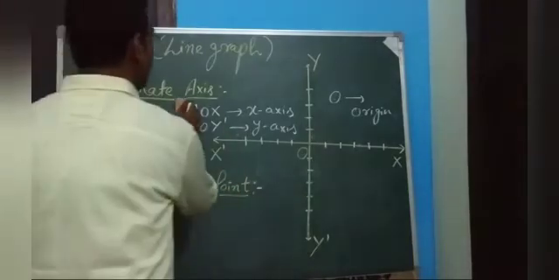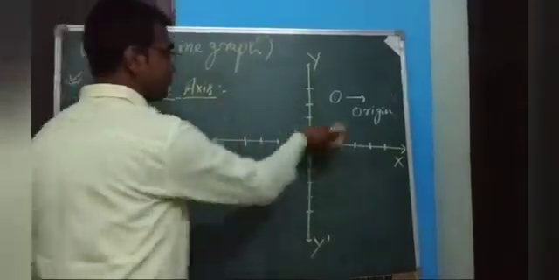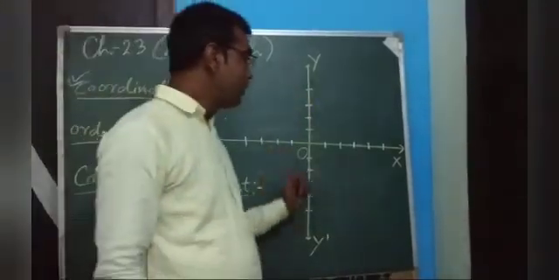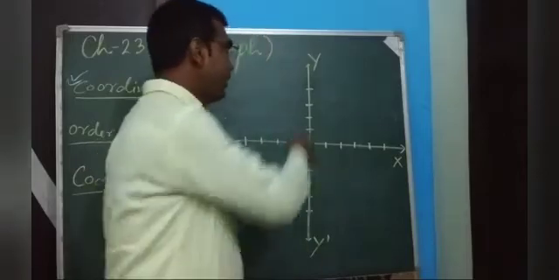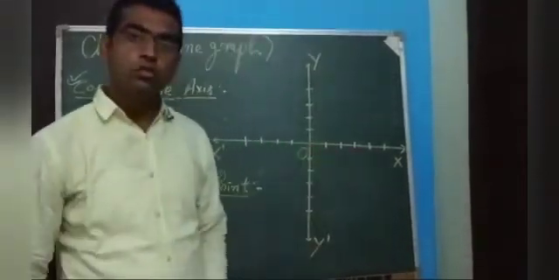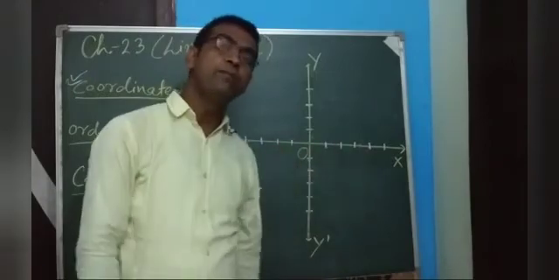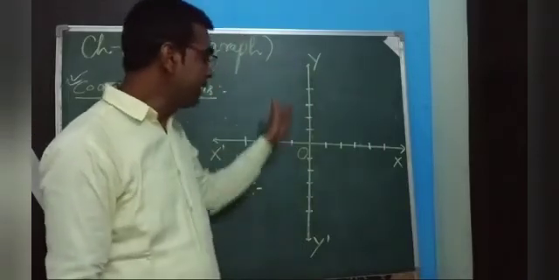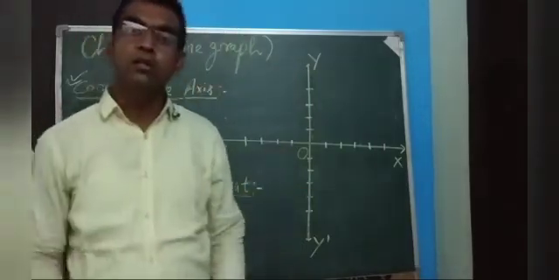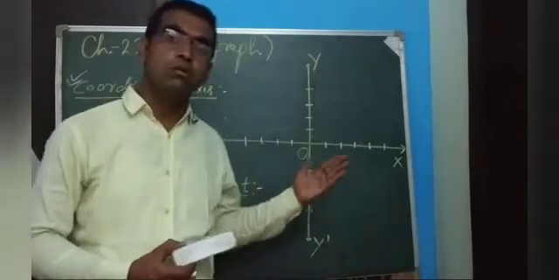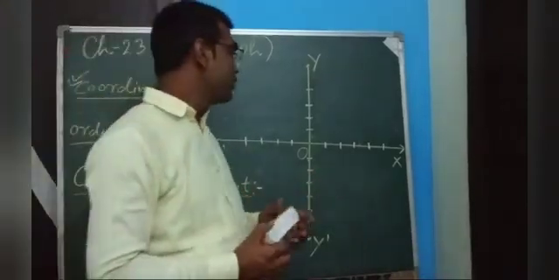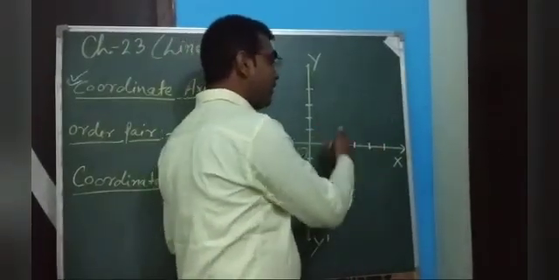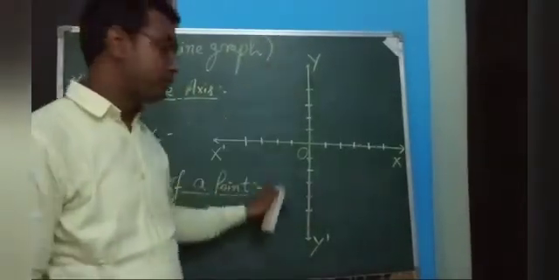After this, this is y axis and this is x axis. The horizontal line is said to be x axis, and the vertical line YOY' is said to be y axis.